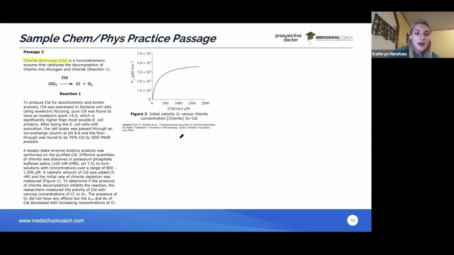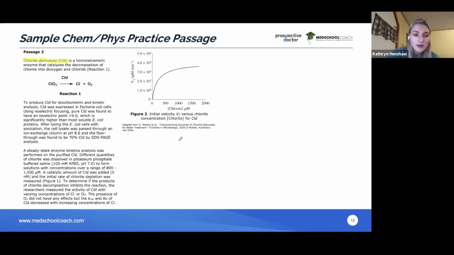I can see that we have the decomposition of chlorite, and then we have 1 ion and O2 gas forming. I wouldn't spend too much time analyzing this yet because we're not asked a question about it. I would just feel comfortable knowing that I could interpret it if I needed to later, and then keep reading the passage.